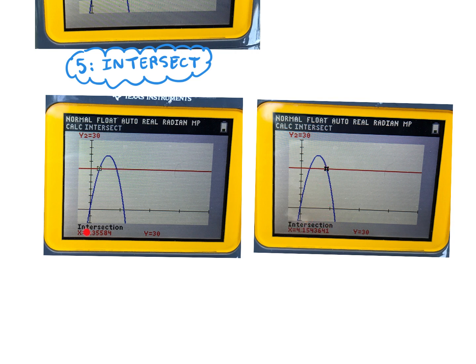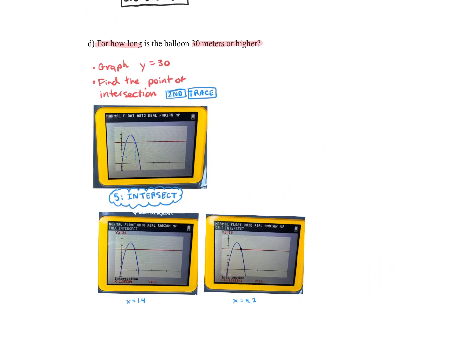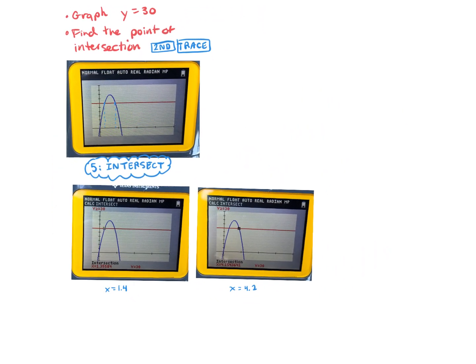So I can see that it's from, I'm just going to round, from about x equals 1.4. That's the time when it reaches 30 feet, and then it crosses back over at about x equals, we'll just say 4.2. Now, if the question is for how long is the balloon 30 meters or higher, we would actually want to find the length of that interval.